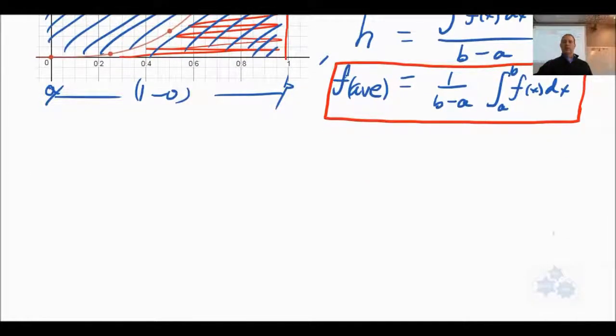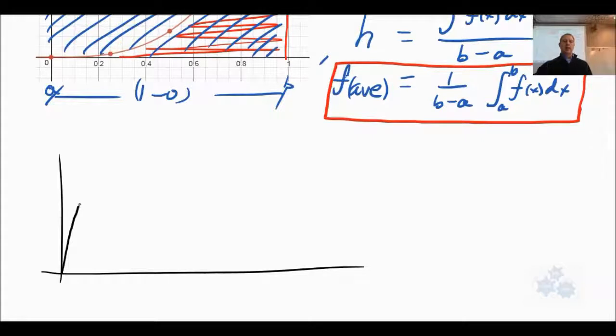So let me just sketch another example for you. This one isn't going to be quite as neat. But let's say we had something like this. What's the average value of this function? Do you think it would be greater or less than halfway between 0 and this maximum value here? Probably greater, right?